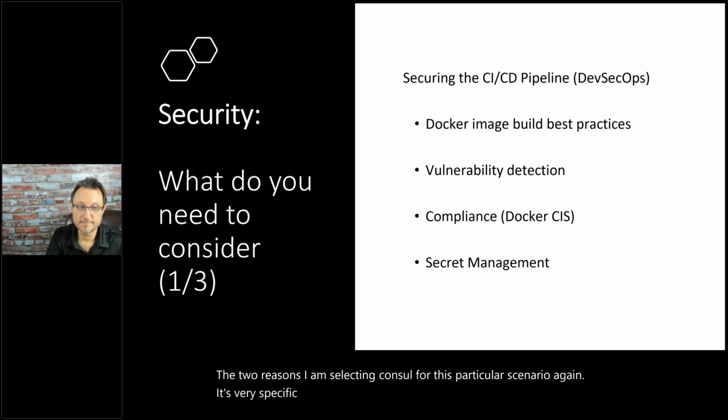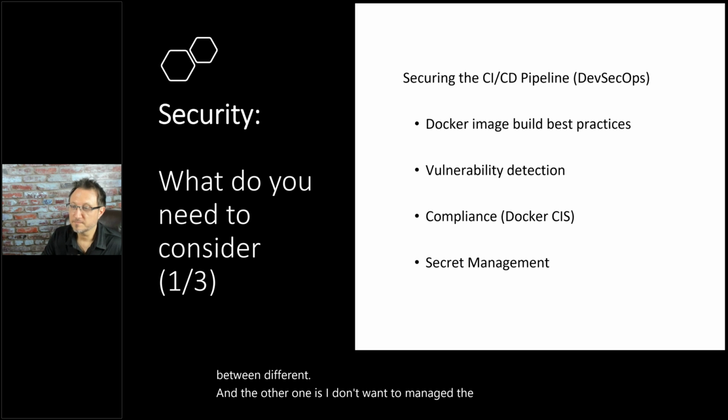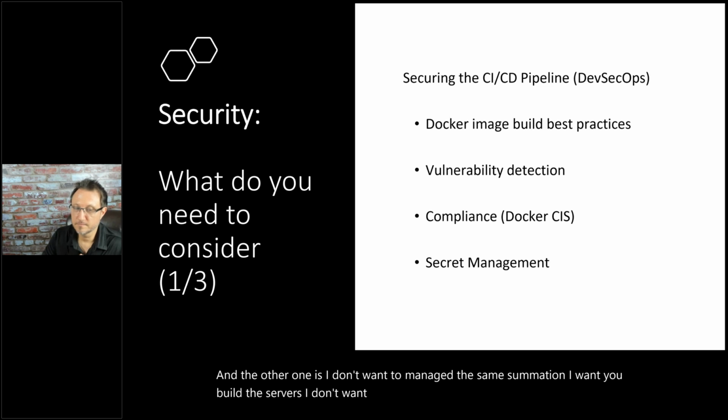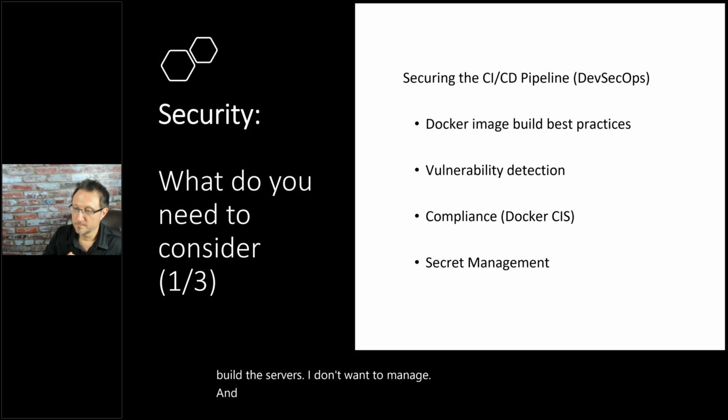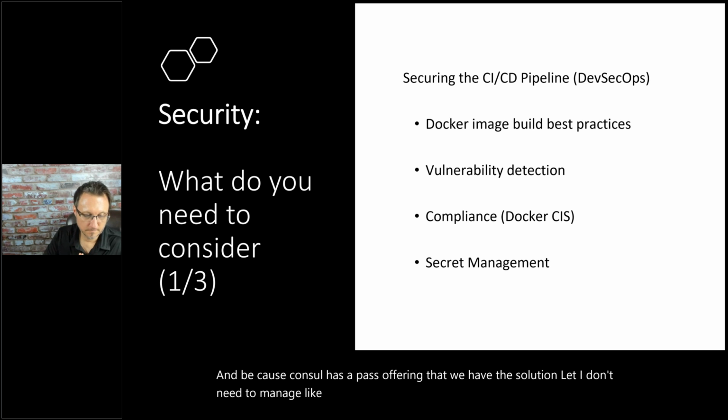One is I need to have encryption between the nodes between different clusters. And the other is I don't want to manage the service mesh. I don't want to build the servers. I don't want to manage it. And because Consul has a PaaS offering, a solution that I don't need to manage, like AKS, it just fits.